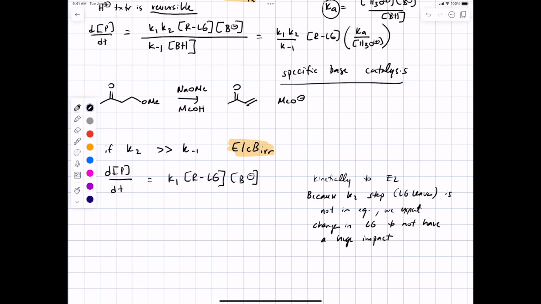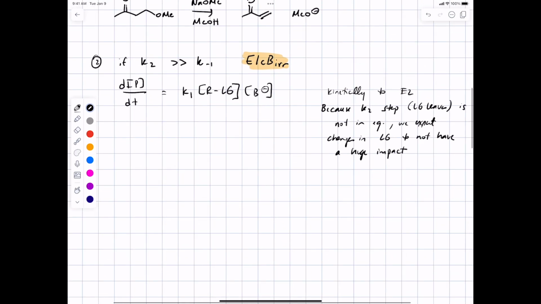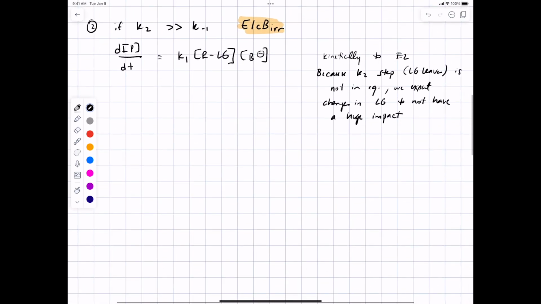So if a mechanism was this E1CB irreversible mechanism, then things you might do to change the quality of the leaving group shouldn't matter very much.